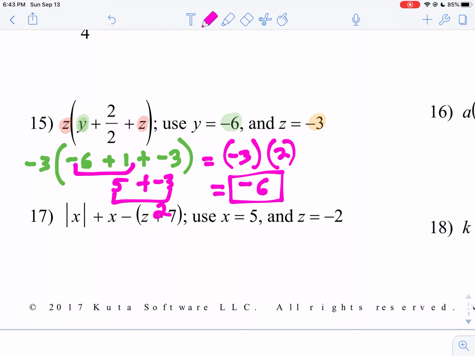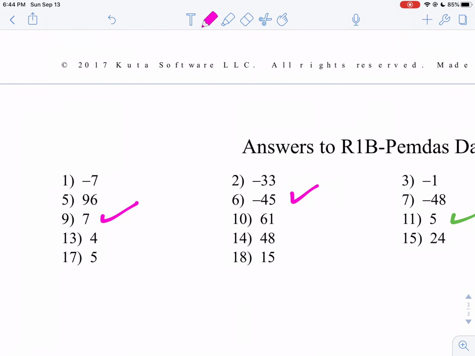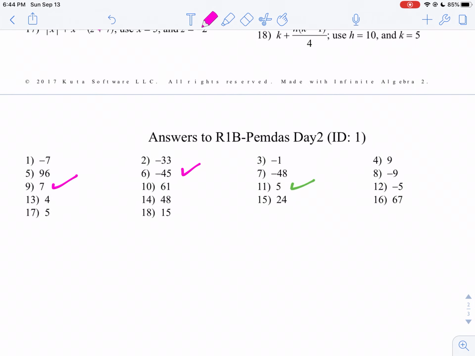And then my z is a -3. So I have -6 plus 1, which is 5. 5 plus a -3 is a 2. And 2 times a -3 is a 6. So 15 is 24. I don't know how I got the problem wrong.